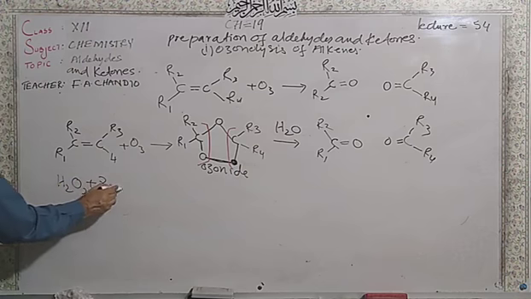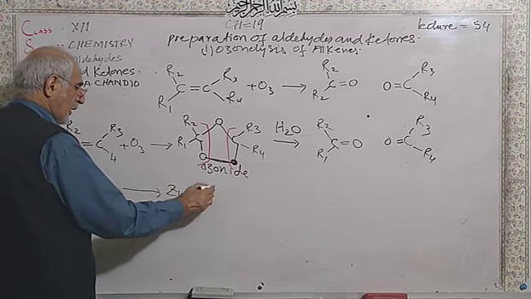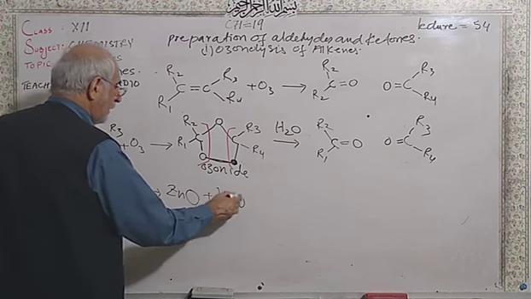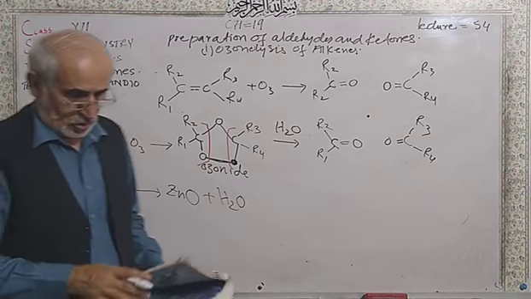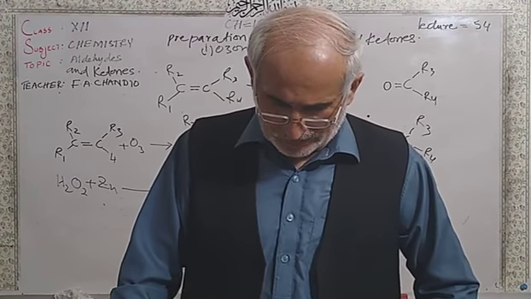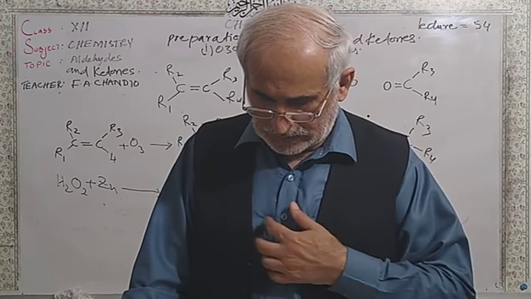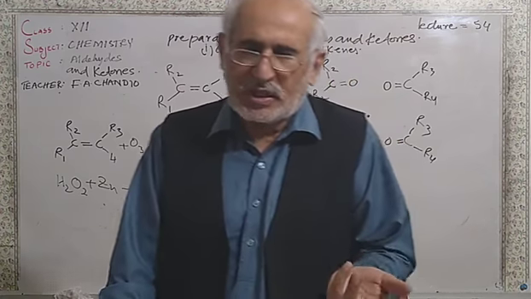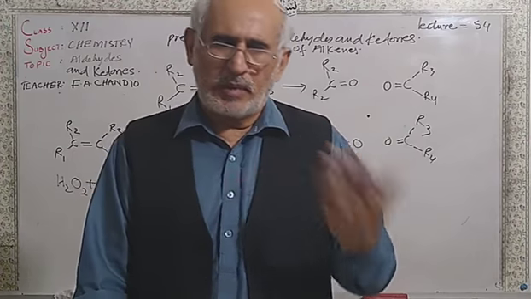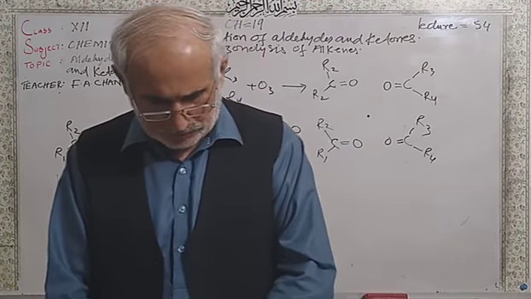Put zinc dust, you will get zinc oxide and again water. So you will get two molecules of aldehydes and ketones, maybe symmetrical, maybe unsymmetrical, maybe a ketone, maybe an aldehyde, maybe two aldehydes, maybe two ketones.